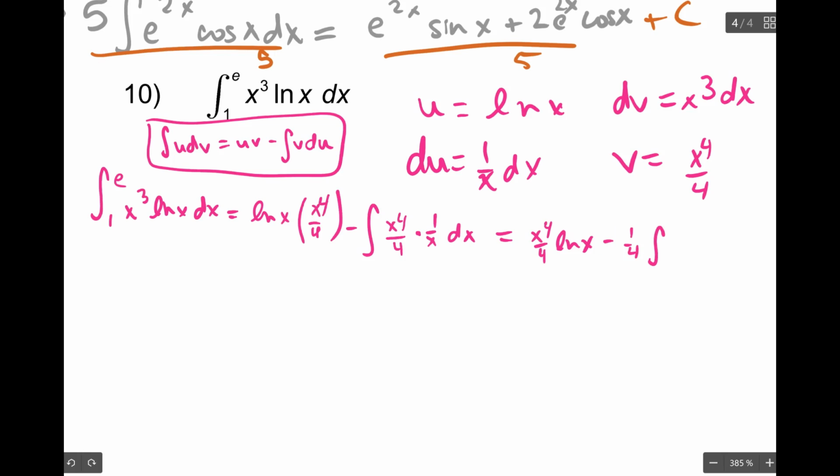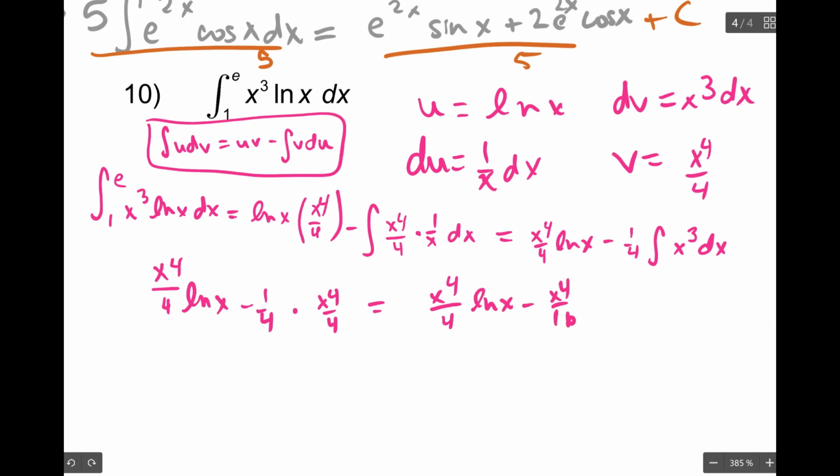Now we're chilling. x to the 4 over 4, ln of x minus 1/4 times the integral of x cubed, which is just x to the 4 over 4. So you're doing this whole thing, x to the 4 over 4, ln of x minus x to the 4th over 16, from 1 to e.